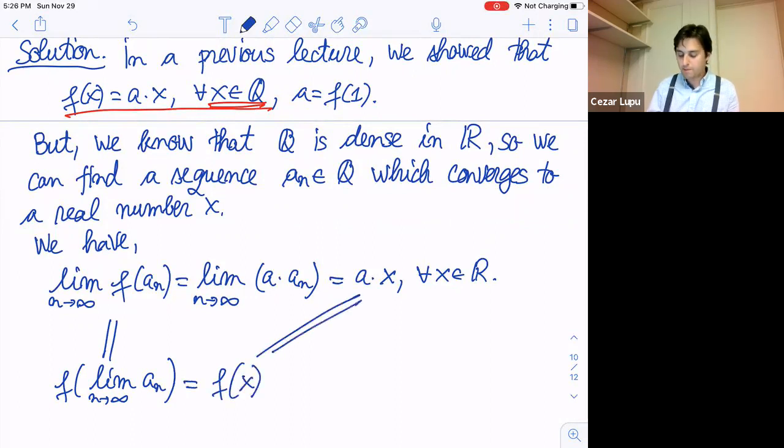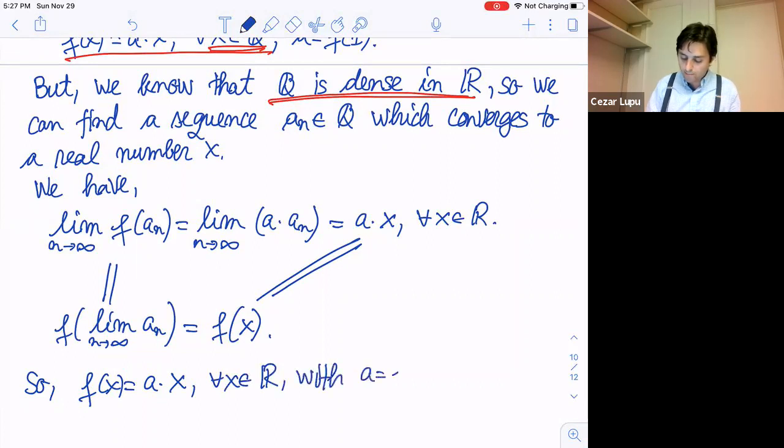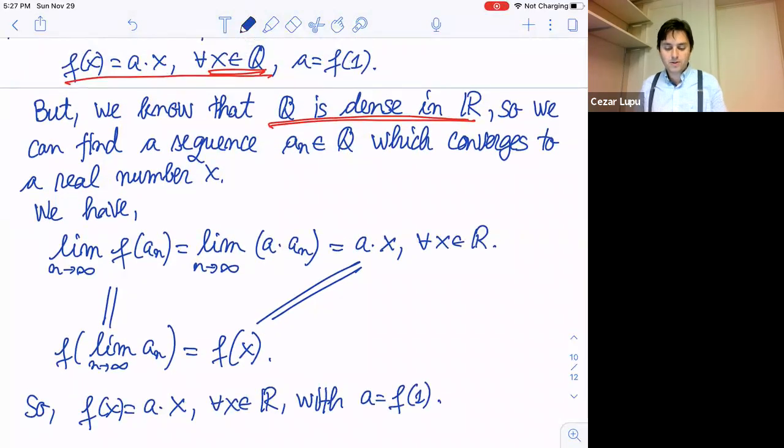Well, there you go. So the big part here was that Q is dense in R. So we can find a sequence of rationals which converges to a real number. And this implies that f of x is a times x for all real x, with a is f of 1. Keep that in mind. So this is how we solve the Cauchy functional equation.